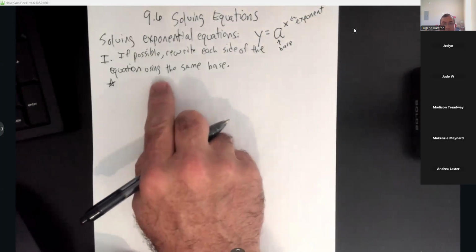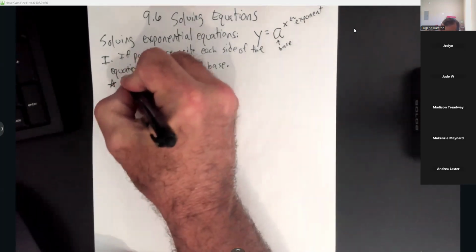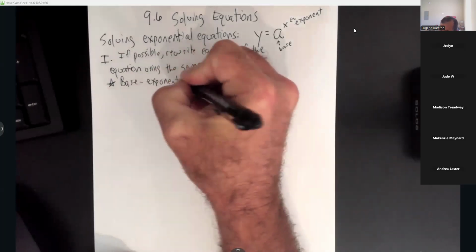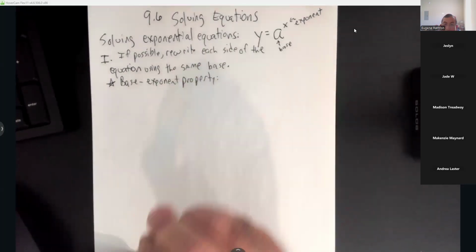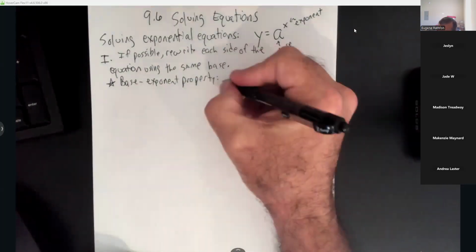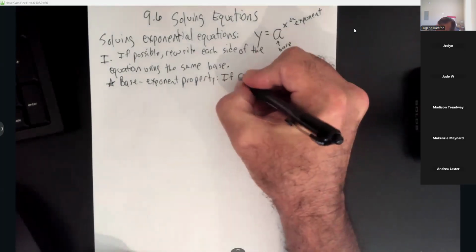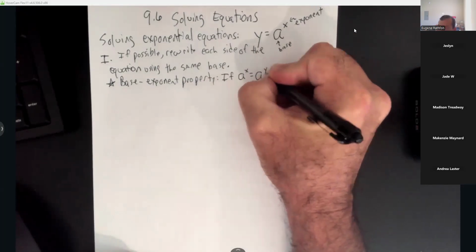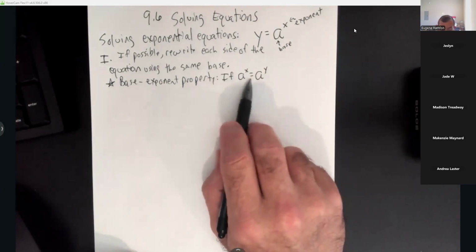But the reason I try to rewrite them with the same base is because we got what we call a base exponent property. And this base exponent property says if a to the x equals a to the y, notice they got the same bases on either side of the equal signs.